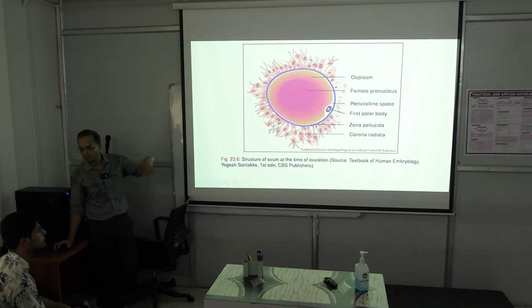They start migrating out into the interstitial spaces. If the ovum is met by a sperm, then meiosis 2 takes place. If not, it is destroyed by phagocytes.